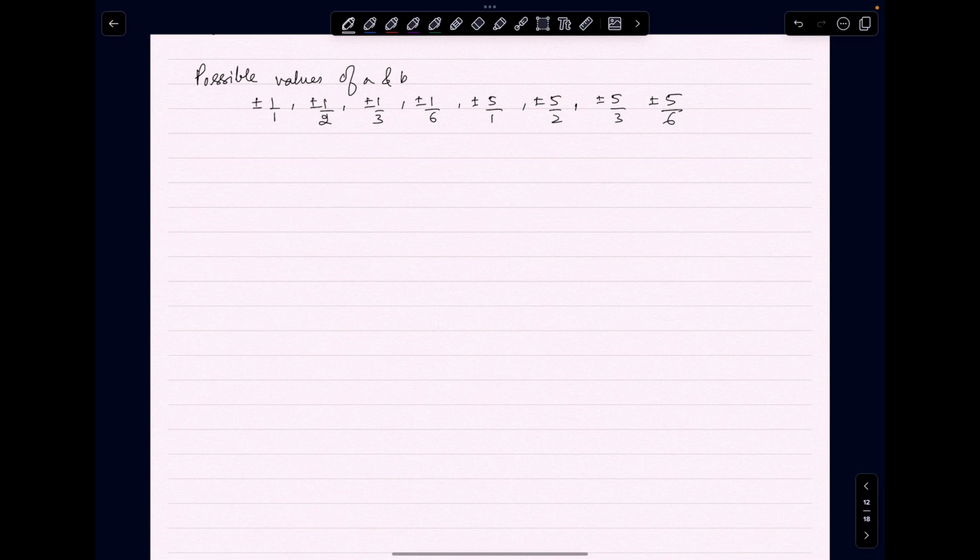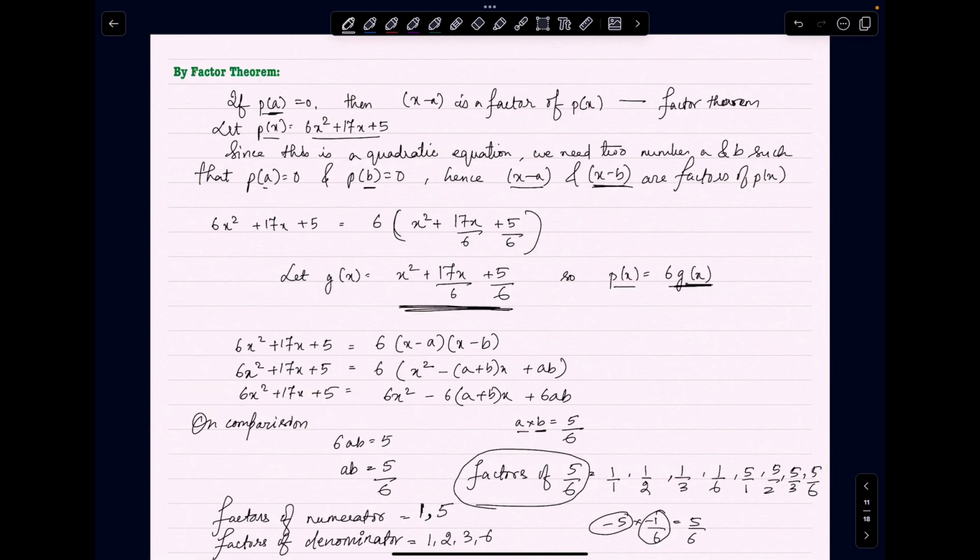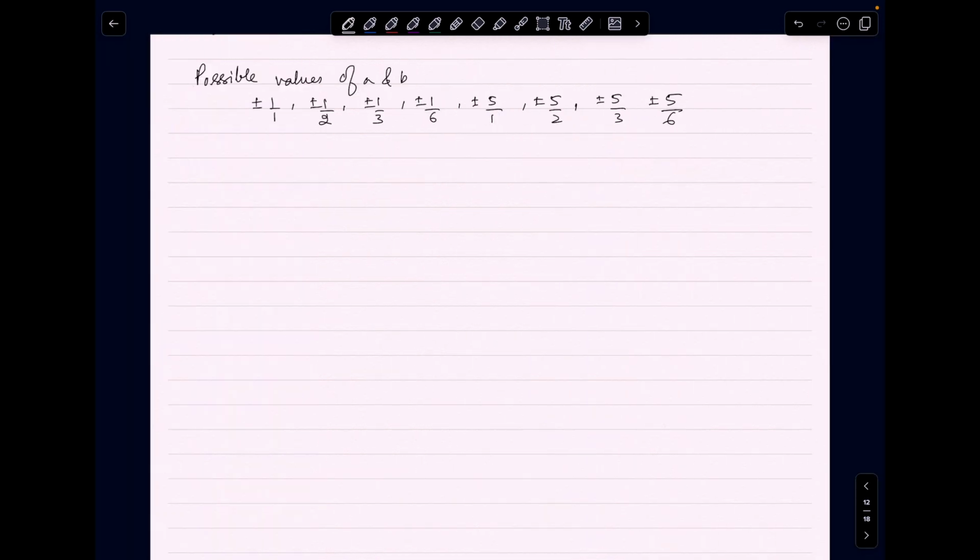By the factor theorem we know that if x minus a and x minus b are factors, then p of a and p of b will be 0. So from this pool, plus minus 1, that is plus 1 and minus 1, plus 1 by 2, minus 1 by 2, plus 1 by 3, minus 1 by 3, plus 1 by 6. From this pool of 16 numbers, 8 I have written here with plus minus, so positive are 8, negative are 8.